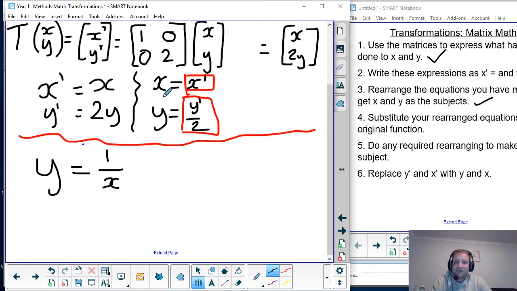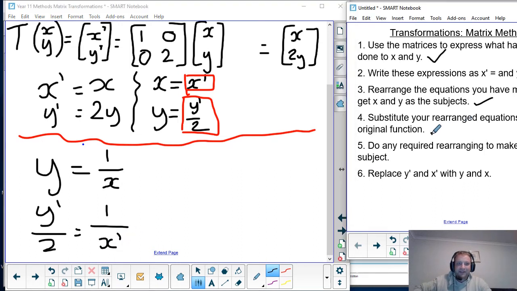And we've got these rearranged transposed equations that came from our matrices, and they're telling us something that x or y are actually equal to. So we're going to substitute both of these things into this rearranged equation. So instead of y, I'm going to be writing y dash on top of 2, because that's something that y is equal to. And I'm still going to do it with this, even though it doesn't change much. I'm going to put 1 on top of x dash.